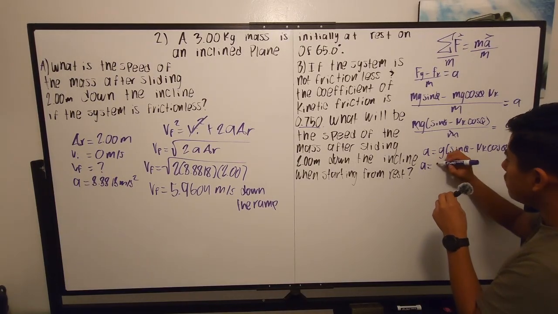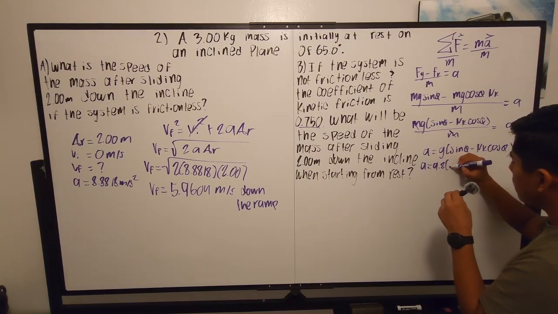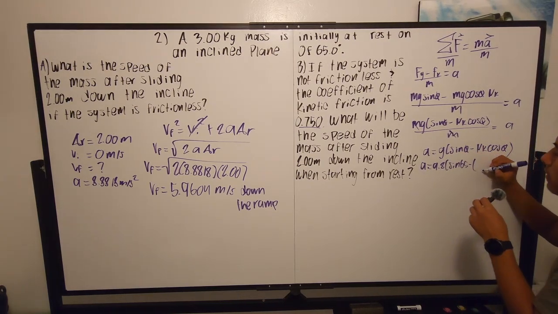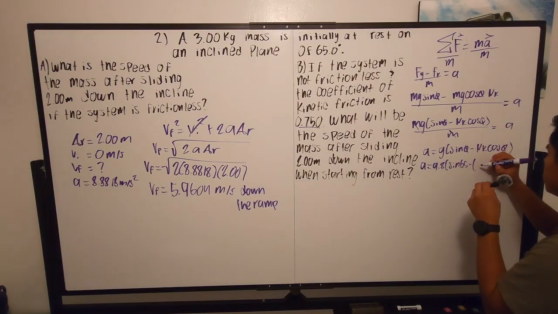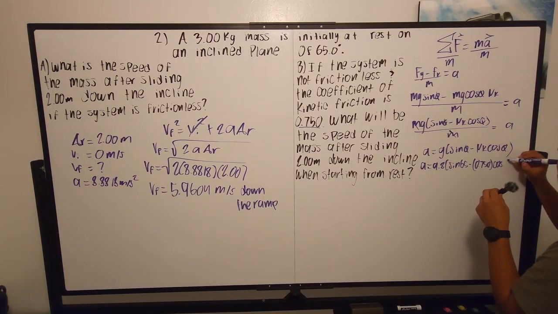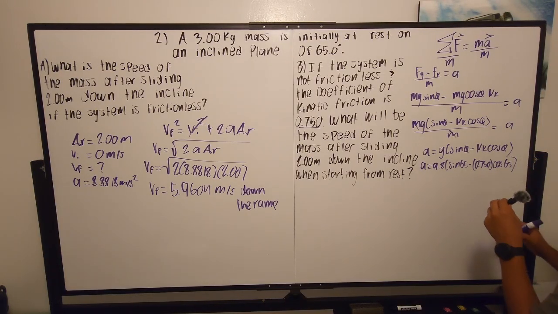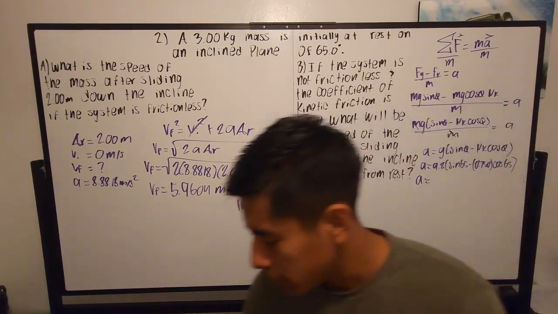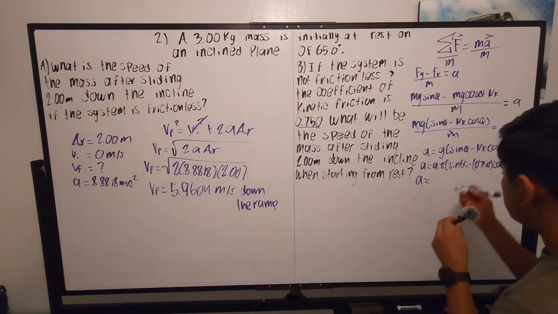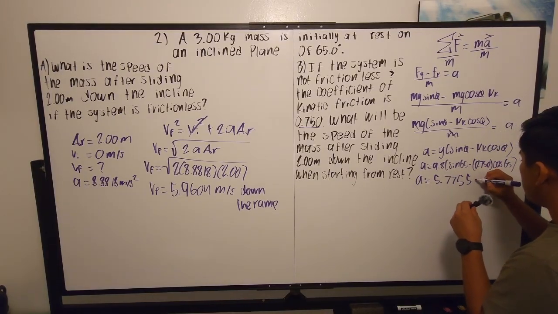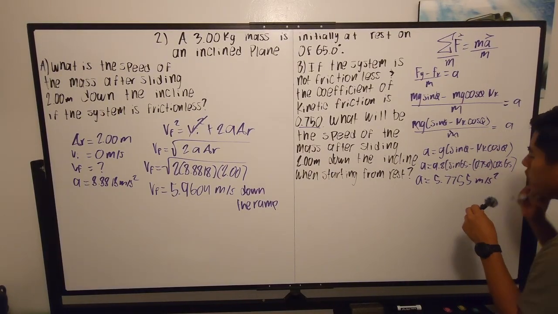And writing in all of our values, that's going to be 9.8 sine of 65 minus mu k, which is 0.750, cosine of 65. And once you plug that into your calculator, you should get that the acceleration is equal to 5.7755 meters per second squared.